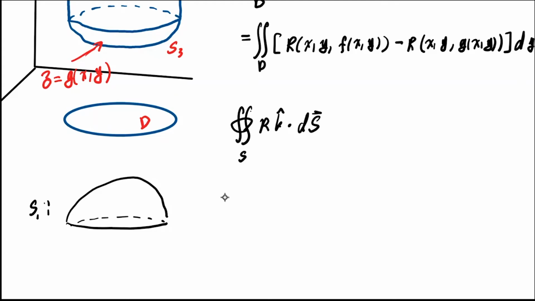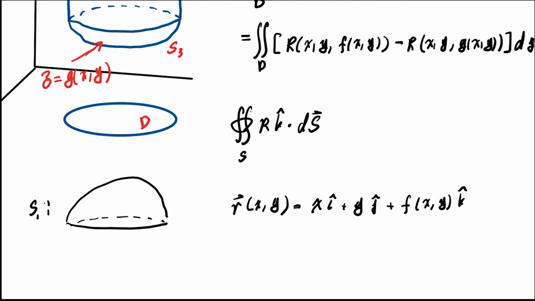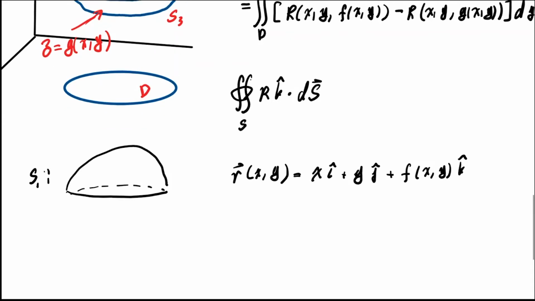Yeah, okay. Let's review how we did this. We have some kind of vector function R of x and y, and we can parameterize it like this: x, y, and then f of x, y, k vector. Then we take a partial derivative with respect to x.